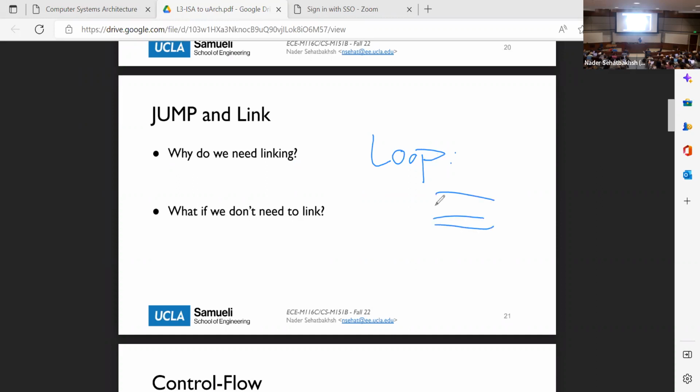And then at some point, either on the top or on the bottom, you say, for example, jal x0, because let's say we don't care about linking, and we just say loop.